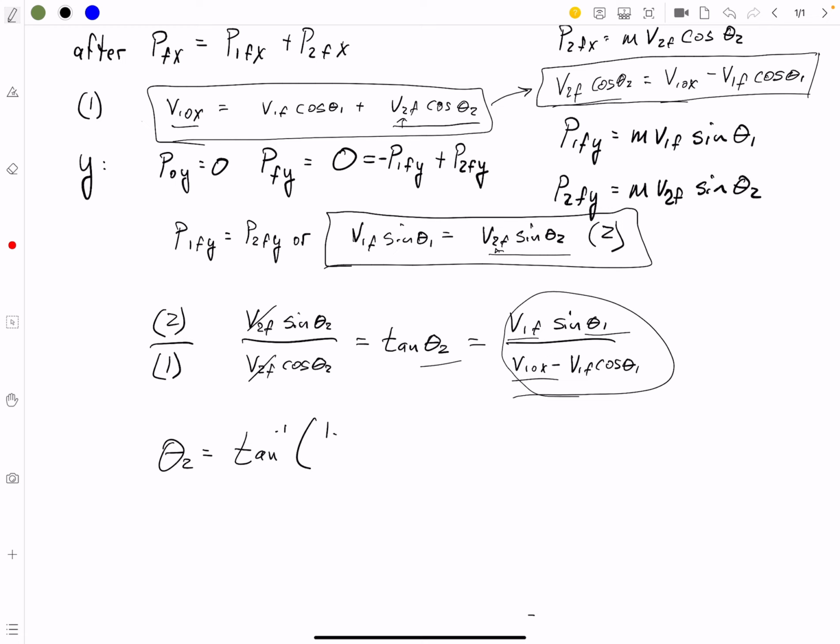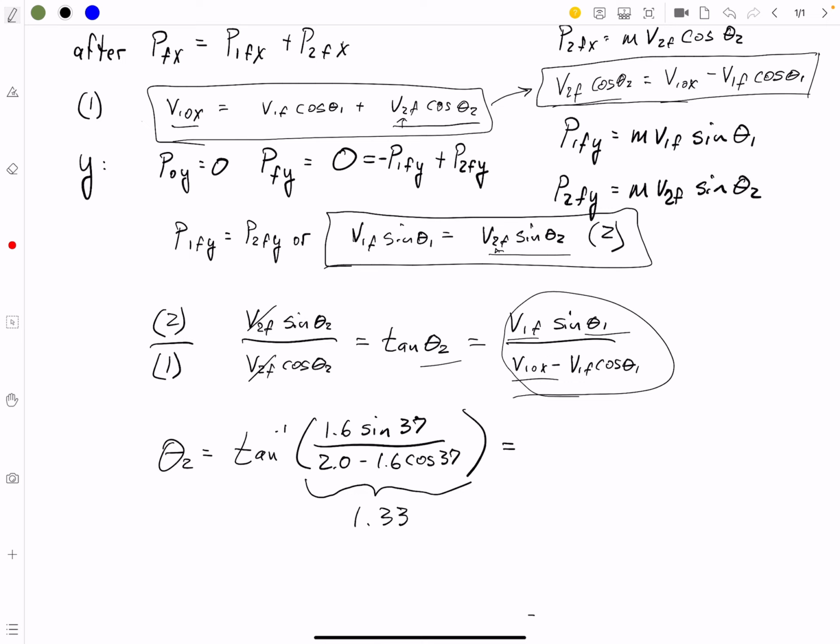V1 final is 1.6. We're going to multiply that by the sine of 37 degrees. V1 naught x, that's 2.0 meters per second. We're going to subtract off 1.6 times the cosine of 37 degrees. Okay? So this whole number equals 1.33 something, maybe even another 3, I don't know.